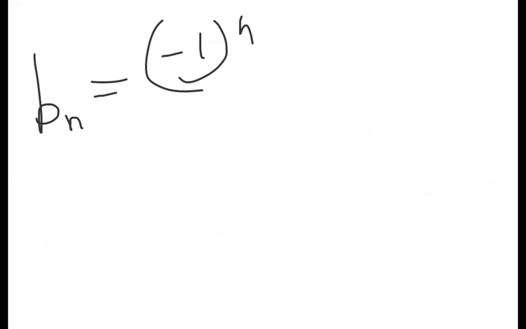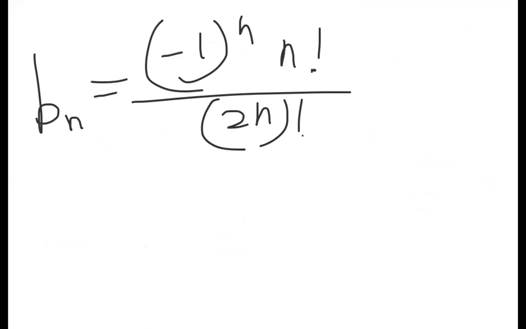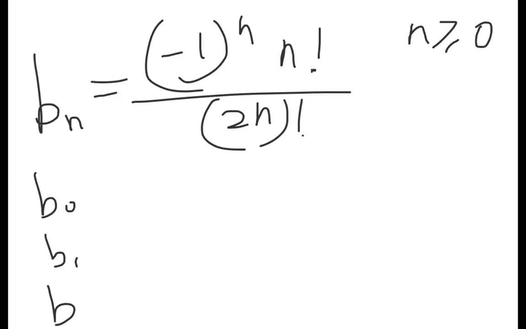So for the next one, you have a general term for a sequence like this, which starts from 0, and to find the first 5 terms for this sequence, you just plug the indices into the general term.